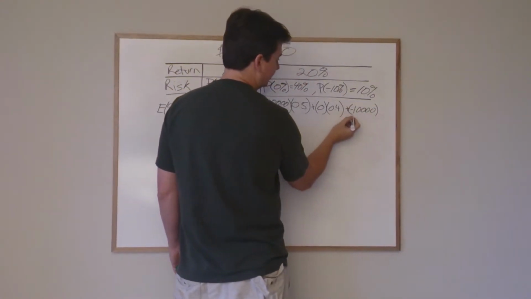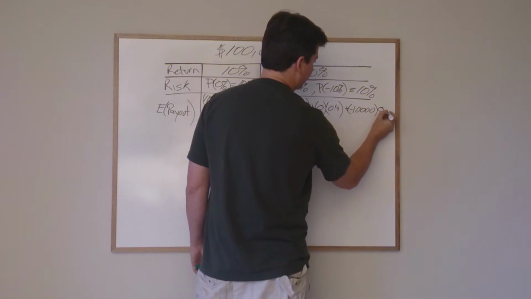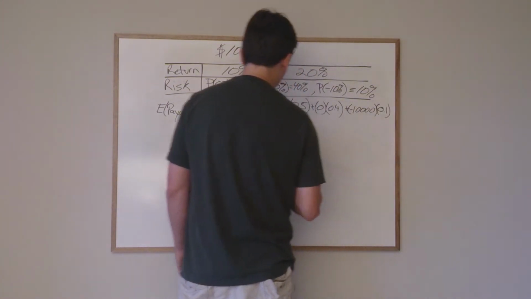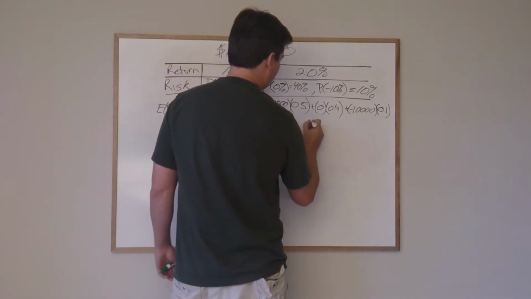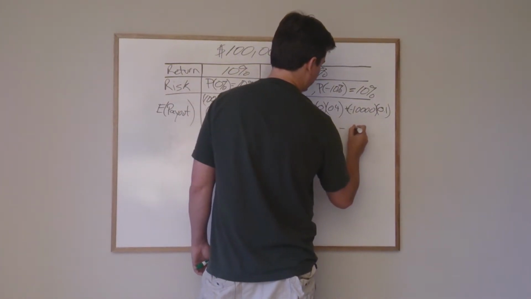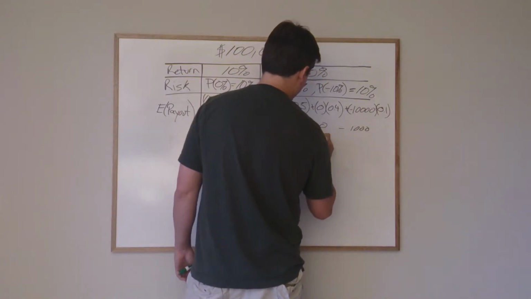So this is actually plus negative 10,000, and there's a 10% chance of that. And I'll just do the quick math here. So we got 10,000 plus 0 minus 1,000, 9,000.